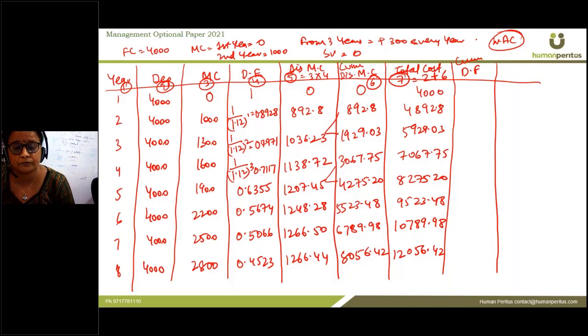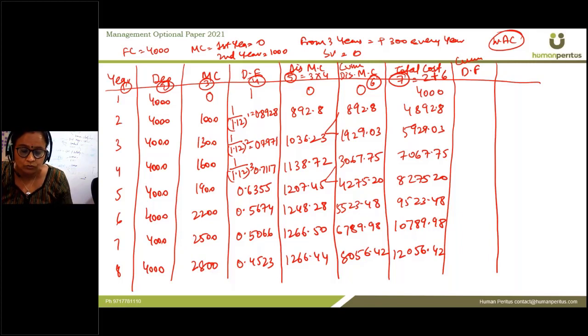So for calculating weighted average cost, we need to set the divider as the cumulative discounted factor. We'll not be simply dividing by the number of years 1, 2, 3, 4. We'll be dividing the total cost by the cumulative discounted factor, by which we will obtain the values of weighted average cost for every year.